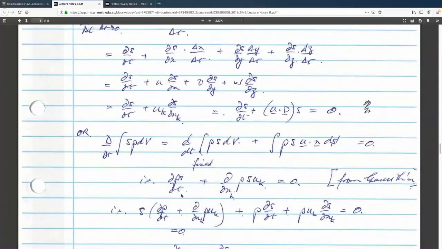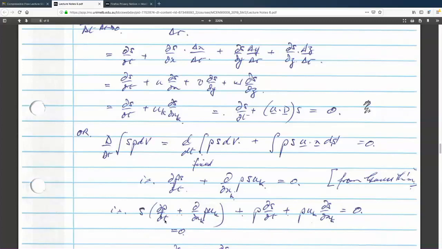So these are products, so let's take s as one of the product terms. And so I have s d rho/dt plus s d/dxk of rho uk plus rho ds/dt plus rho uk ds/dxk equals 0. But this is conservation of mass.